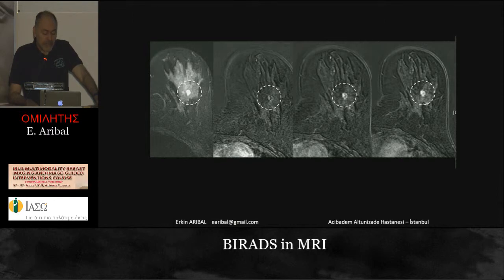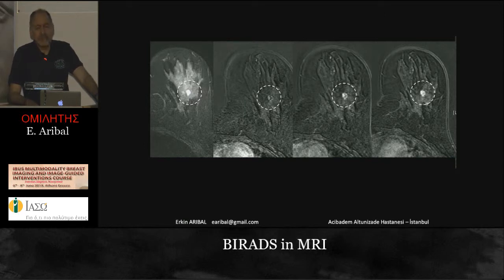So this is a very small lesion where we see the enhancement in different time frames, and you see on T2 weighted image that it is bright. When it is bright in T2 images, it is mostly benign. So when you look at the enhancement, it is slowly rising, and you see black septa inside the lesion.